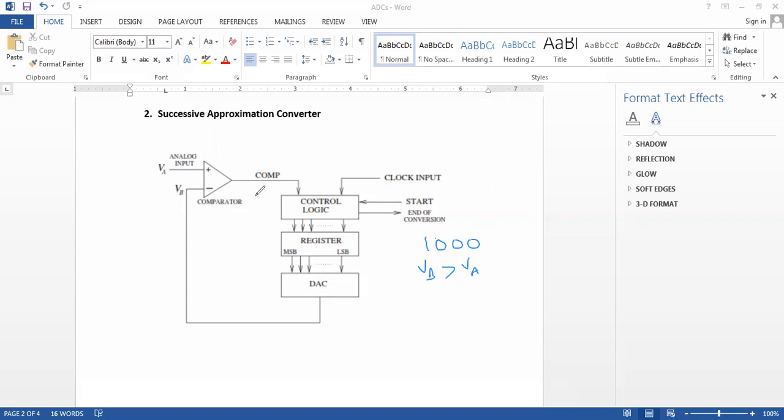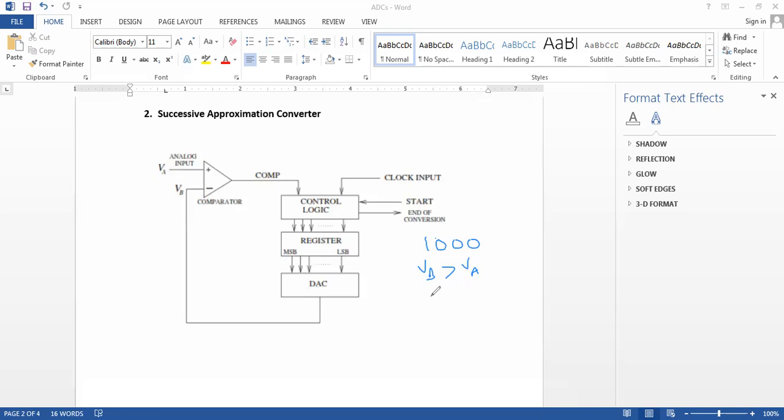And what happens is that the output of the comparator goes low and causes the control logic to clear the most significant bit back to low. Otherwise, the most significant bit is kept high.